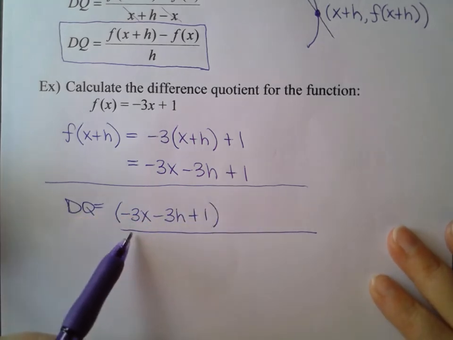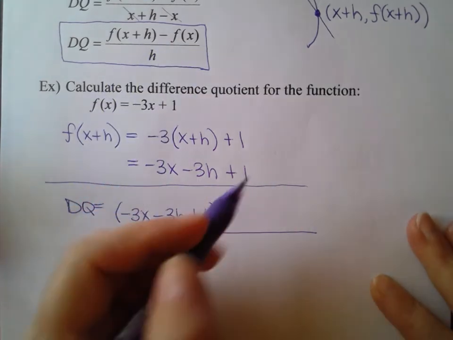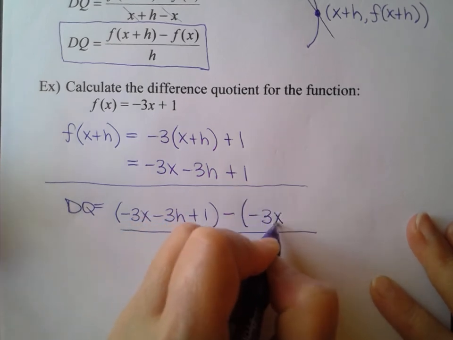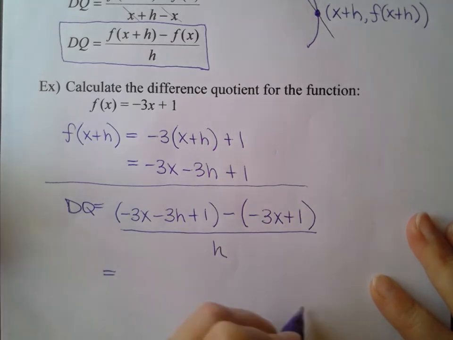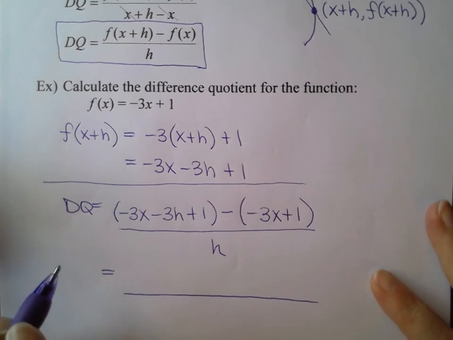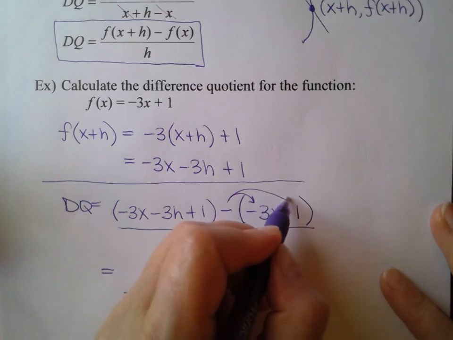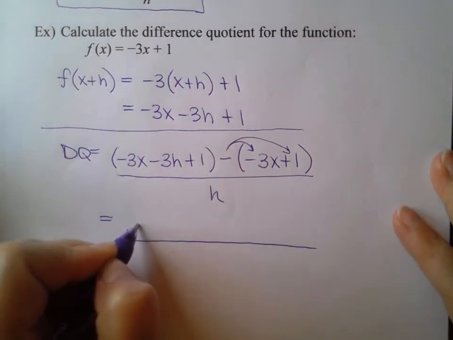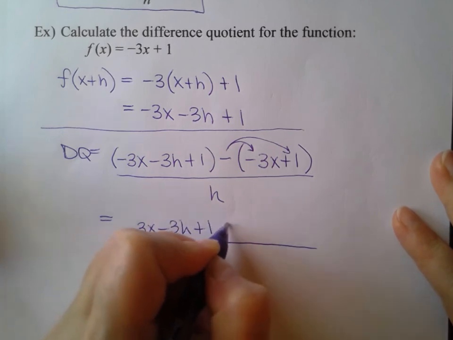I always put it in parentheses because I'm going to be subtracting the original function, which is the -3x plus 1. And one really important step that you don't want to miss is that we will need to distribute that negative. So I can take the parentheses off once I have distributed the negative.